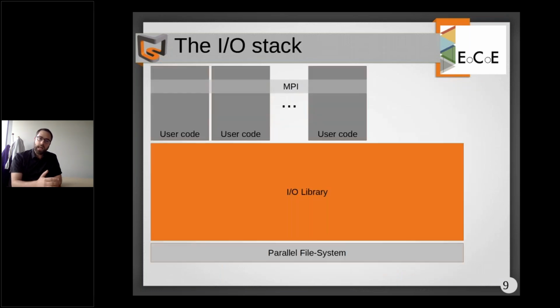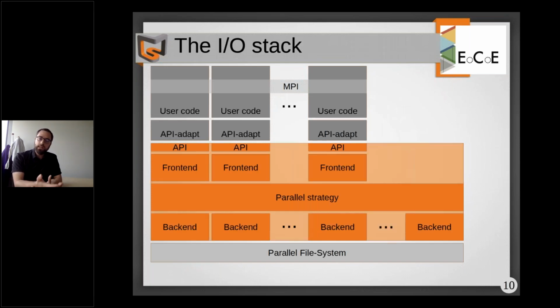So let's look at the way we've designed PDI. When we look at the I/O stack, we have the user code, which is typically, in our case, a parallel MPI code. This user code calls an I/O library. This I/O library might use more nodes than the main code, and this I/O library offers an interface with the file system. If we look inside, we see there are actually many subparts inside the library.